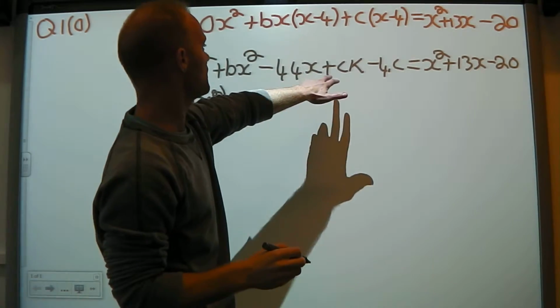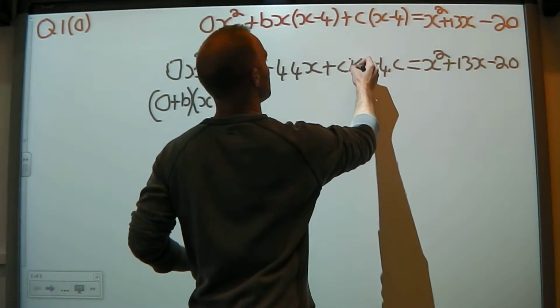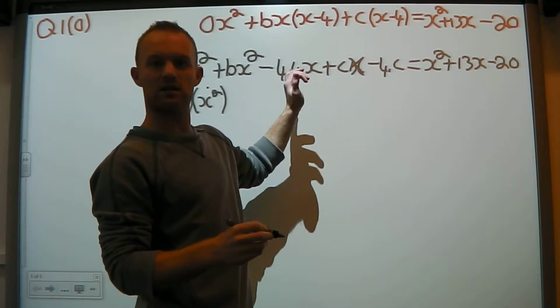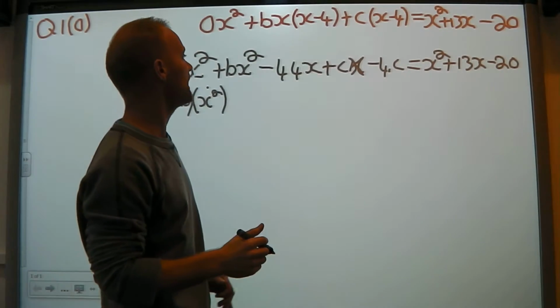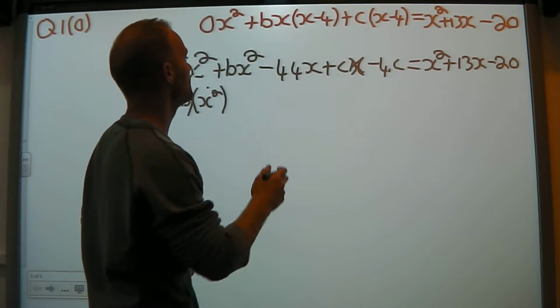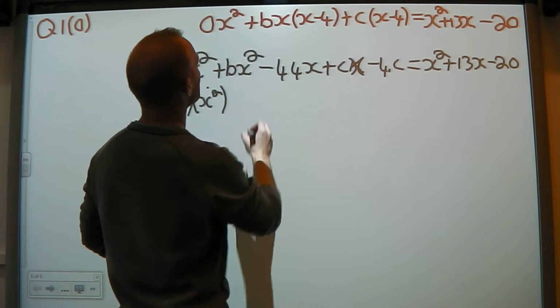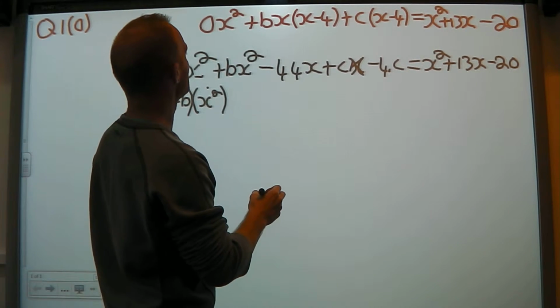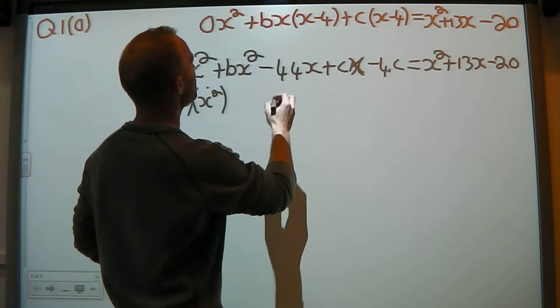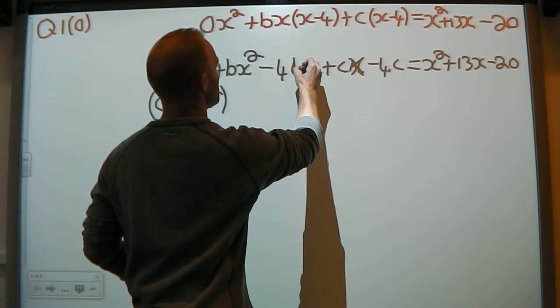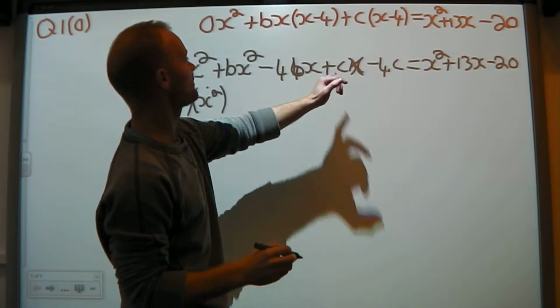Now we have an x term here that should be cx, right? We have an x term here that's common in both of these terms, so we take x out. So we're going to take out bx, 4b, that should be a b. So basically all you have is the x.